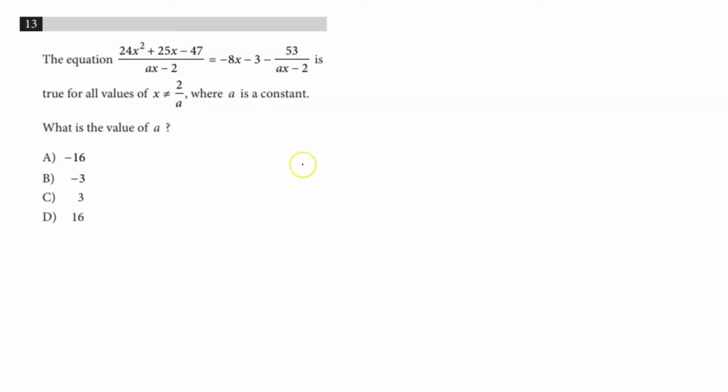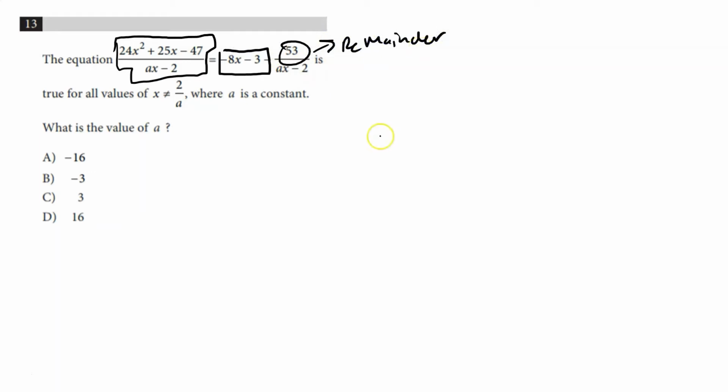Okay, let's see, how do we go about this? We know the general form of this division, right? 24x squared plus 25x minus 47 divided by ax minus 2 is -8x minus 3 with a remainder of 53, right?